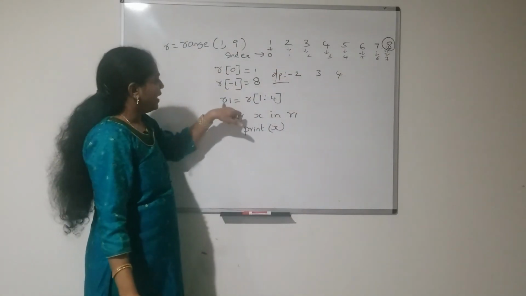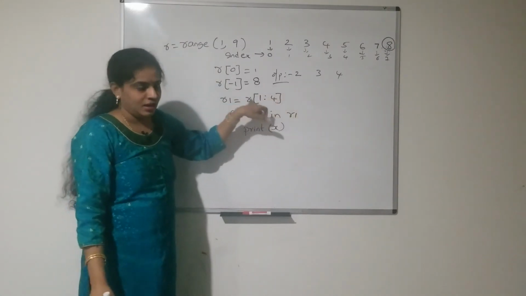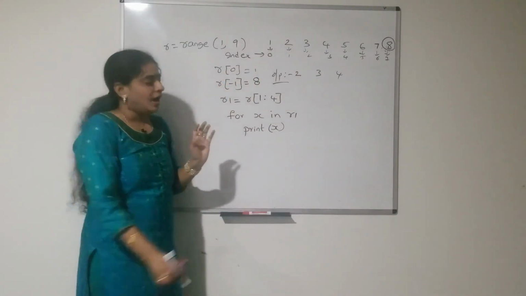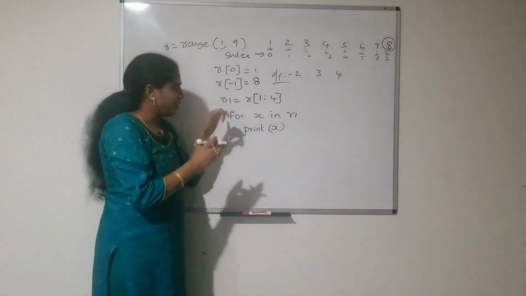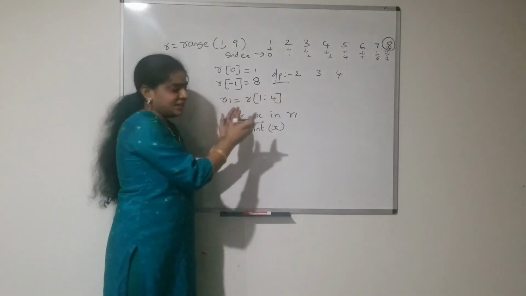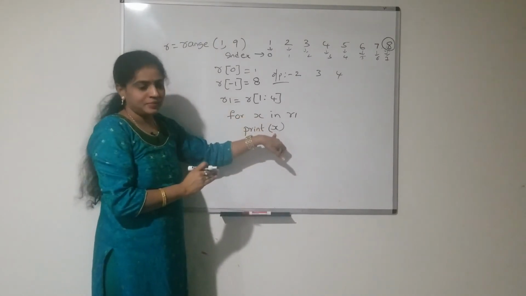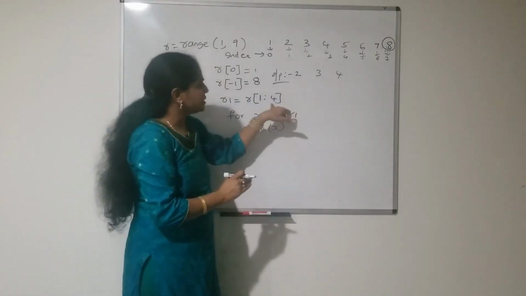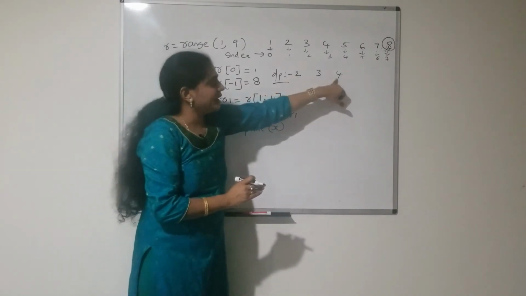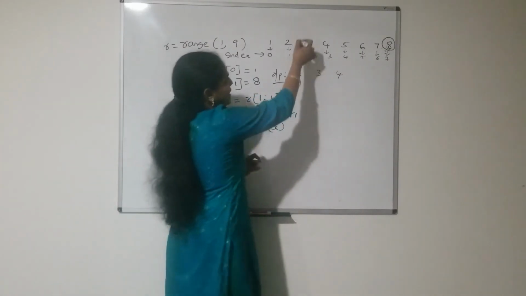Here I am performing a slicing operation on that range data type, and I am assigning that to another variable, R1, which holds these values. Now I am printing each and every value stored in R1. So my output is 2, 3, 4, because for index values from begin to end, I will get begin to end minus 1. That means for 4, up to index 3 I will get these values.